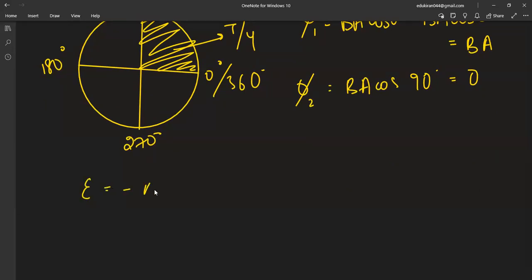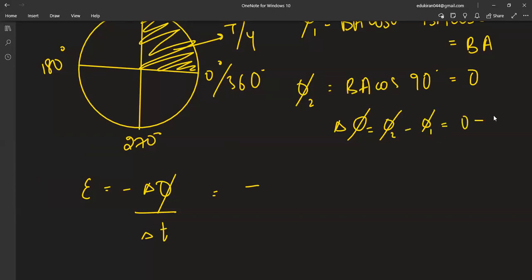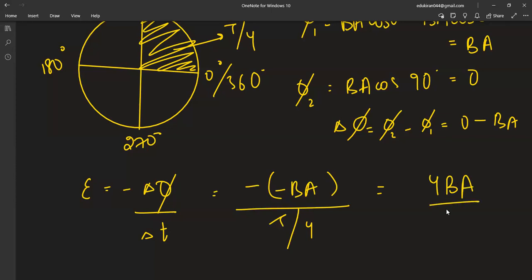Induced EMF is minus del phi over dt. Change in phi is final minus initial, that is 0 minus BA, so this is equal to minus BA. And what is the time? Time period will be t by 4. So final answer becomes 4BA divided by t, because this is minus BA.